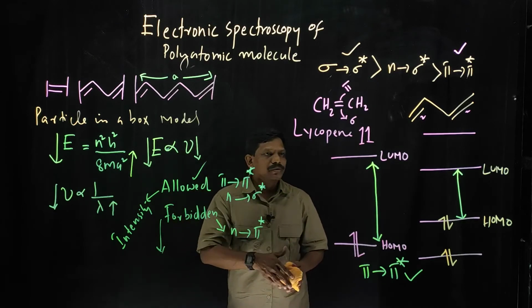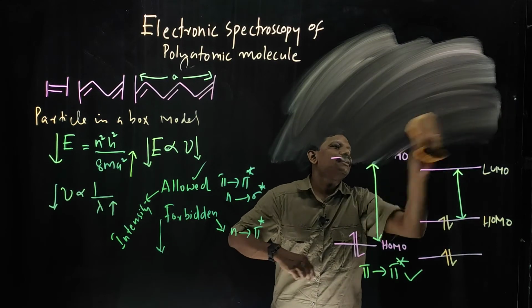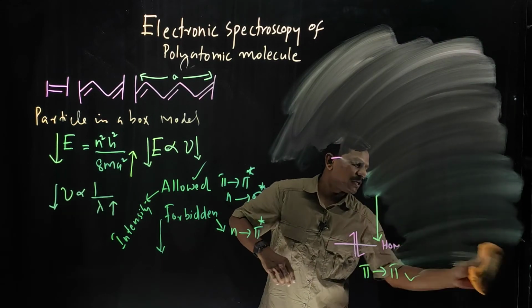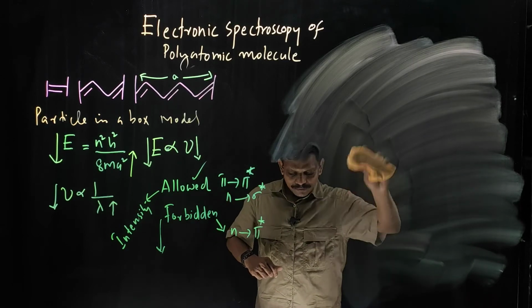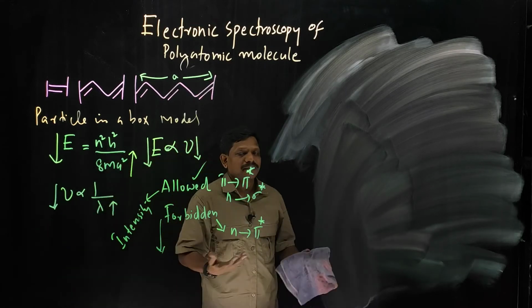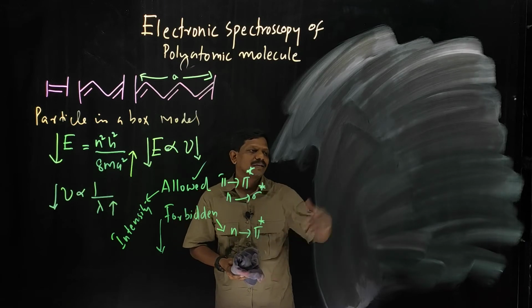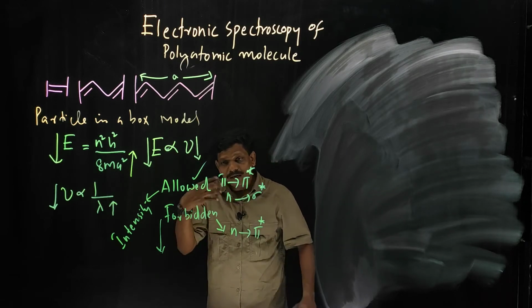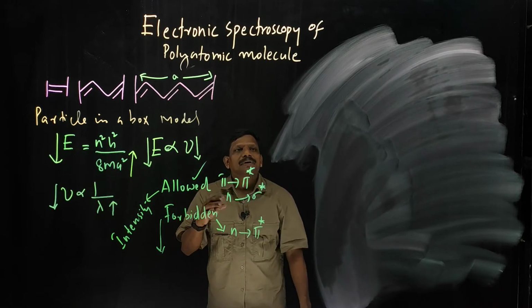Then I will introduce you two important terms related to electronic spectroscopy. By the way, almost all you see in the visible region is very attractive. You can see different colors in our nature: red color, blue color, the color of the flowers, the color of the leaves. All these things are the consequence.